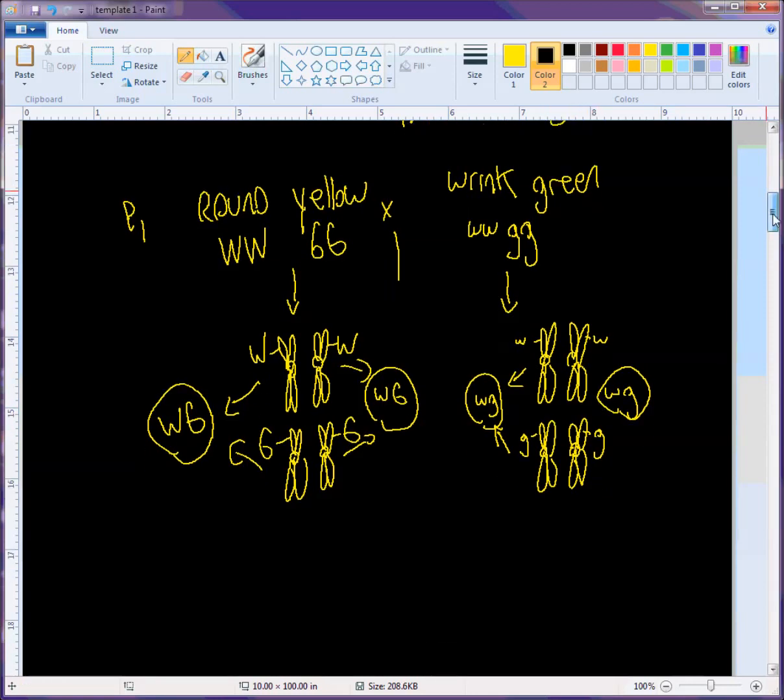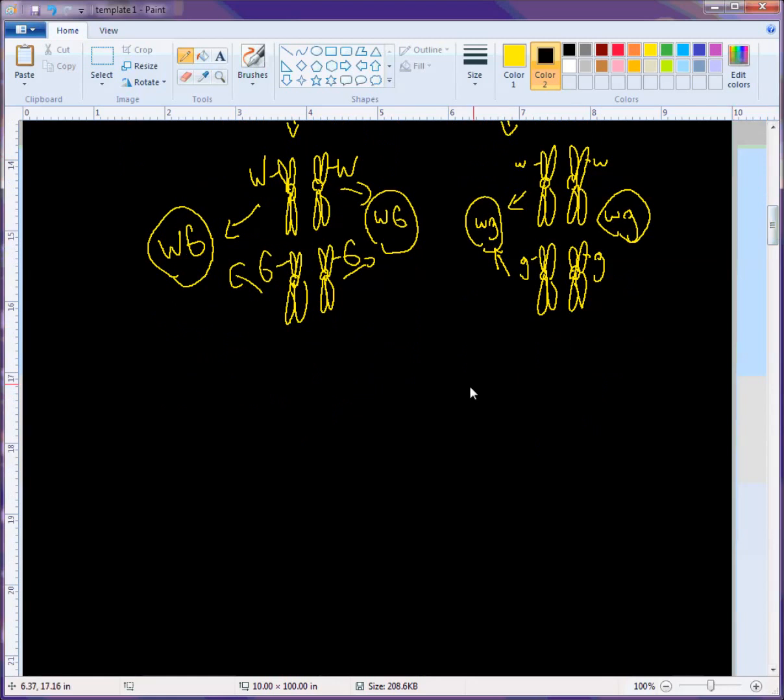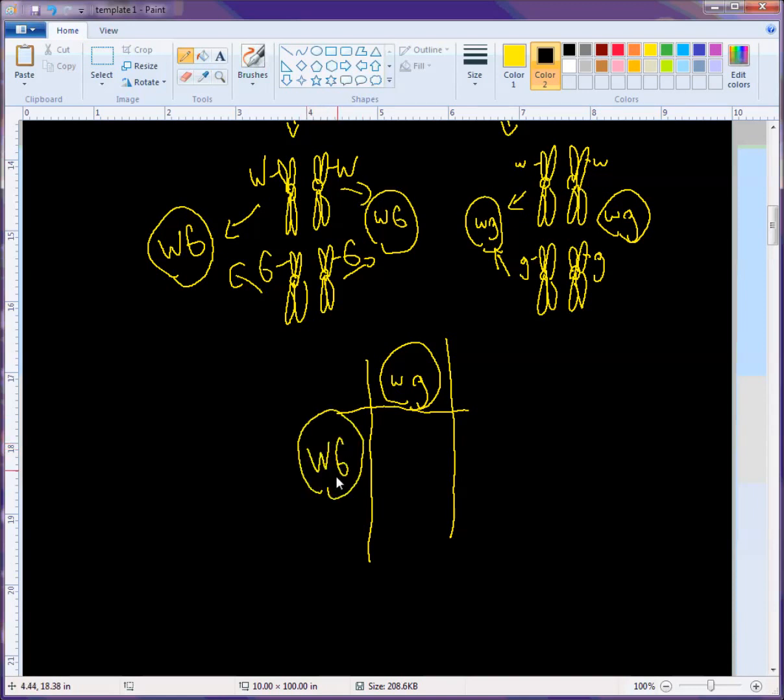So the Punnett square for this one would be really easy, right? So we just have a little w and little g for one gamete, and then a big W and big G for the other gamete. And so they come together, and we end up with big W, little w, big G, little g.